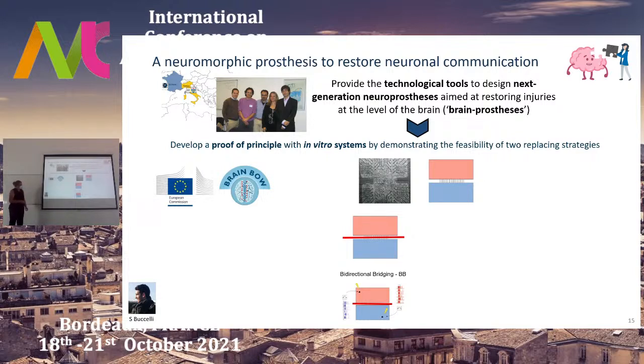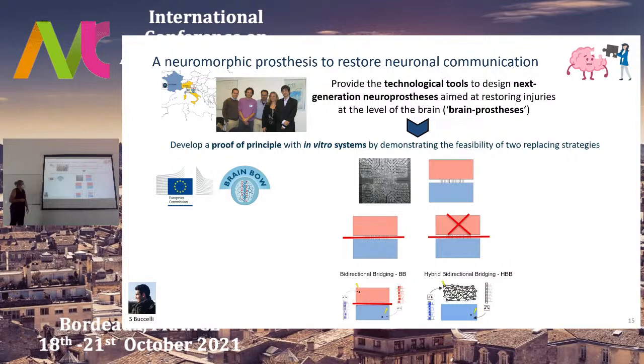In this way, we were able to artificially reconnect the two populations that were no longer connected in a natural way. And the second approach was to think that one of the two populations was dead, so we wanted to completely replace it.